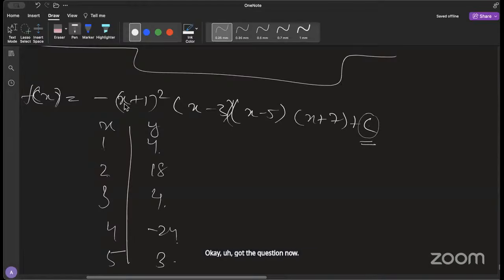So you have to put x equals to 1 here. What will be the actual value at x equals to 1? F of x equal to minus of x minus 1 the whole square.